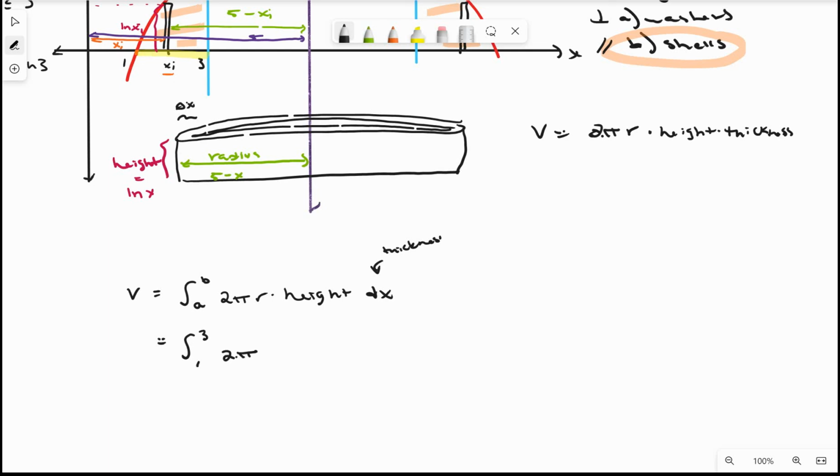r is 5 minus x. The height is ln x. Now I've set up the integral, but this is something we're not actually going to be able to compute using the methods that we know right now.